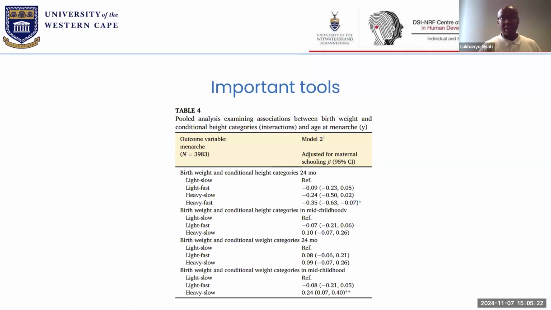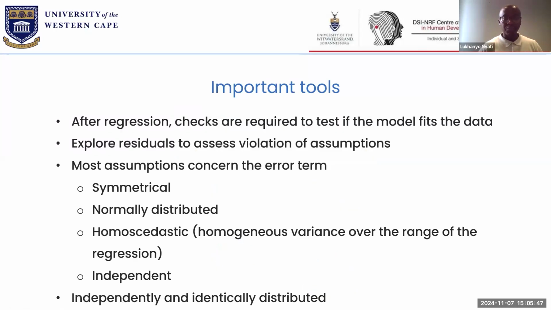All right, so being heavy and experiencing slow growth in terms of weight led to a... this is weight categories, and having slow growth weight gain up to mid-childhood was associated with a delayed age at menarche. Now, I'm not going to go into this for now. Maybe I'll come back to this.